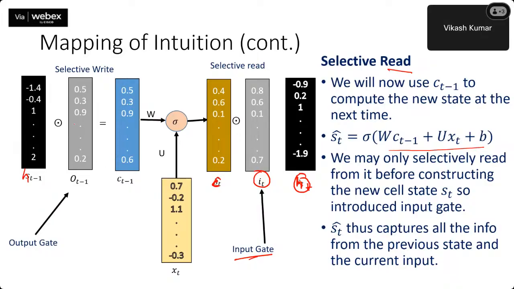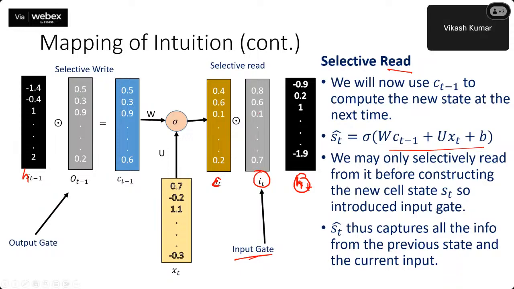What we are doing is trying to control the information flow by using some gates. We cannot use any random value as a gate. We need to learn the values of the gate, and that's why we need to parameterize these gates.